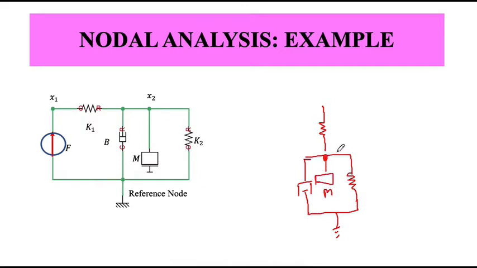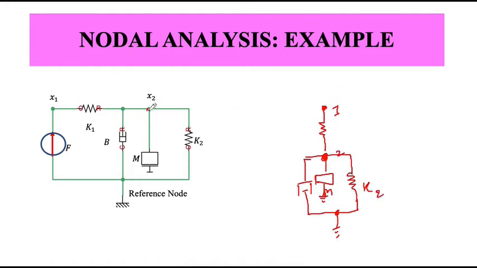So this was my node 2, this was my node 1. I had a mechanical mass between node 2 and the reference. Mass was connected like this, so this is also reference, this is also reference. So mechanical mass was connected between node 2 and the reference. Then K2 was between node 2 and reference.